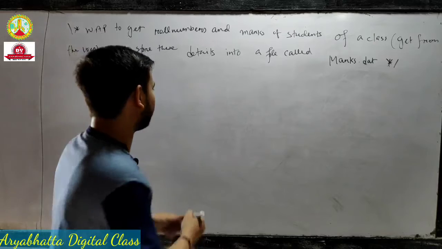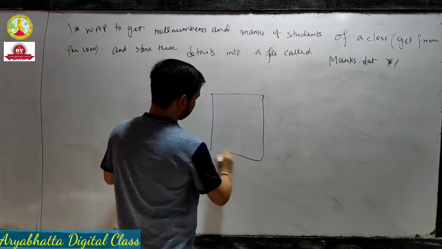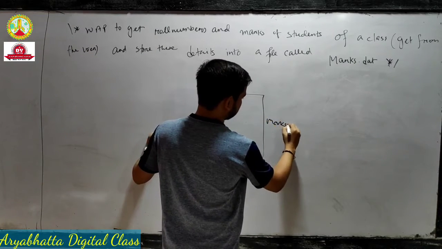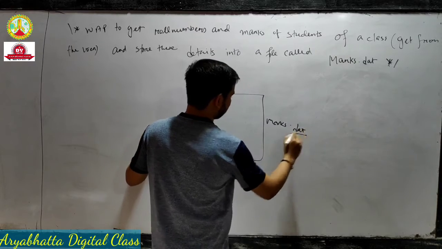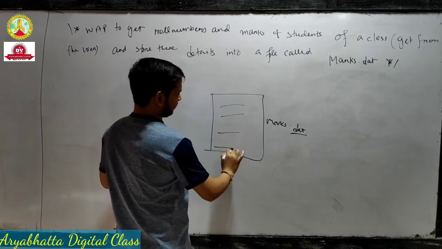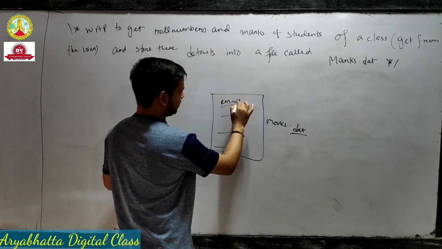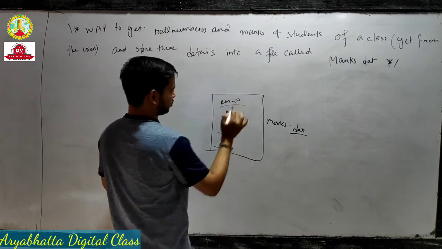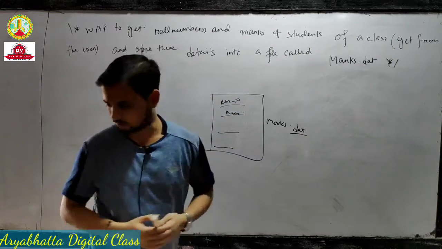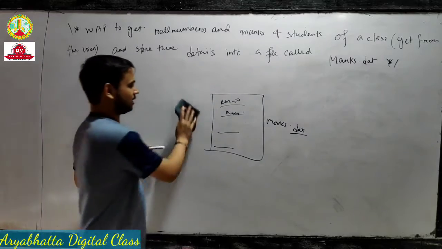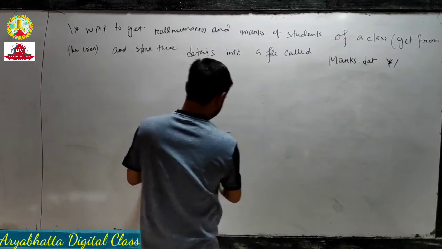So we have to make a file like that, marks.dat, with the data file extension, and in this file the students' roll number and marks will be stored. So we have to make a file in C++, right?